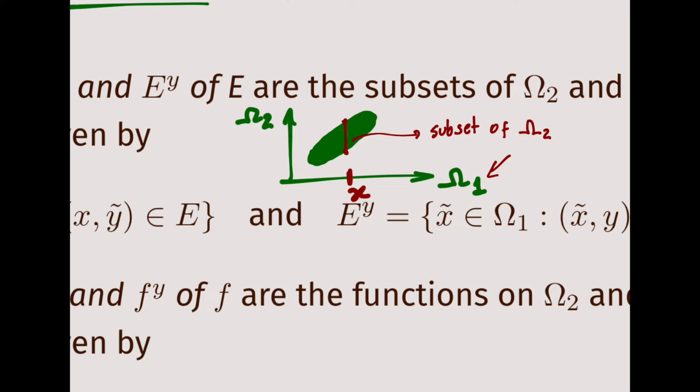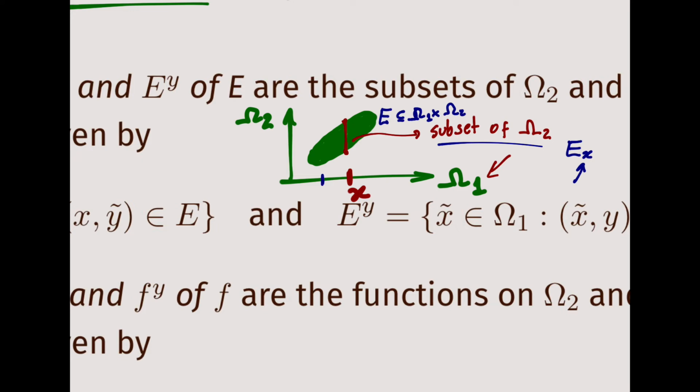If this bigger set is called E, a subset of the Cartesian product, we denote this subset by E subindex x. We include x in the notation because as we change x, we are talking about different subsets.